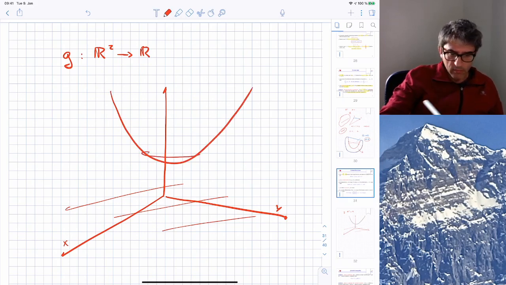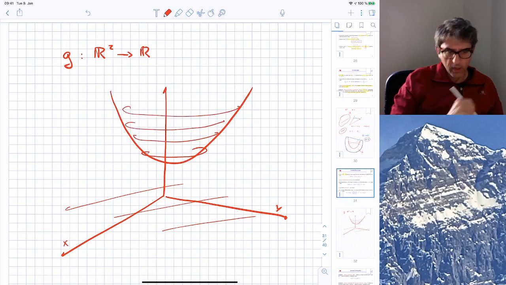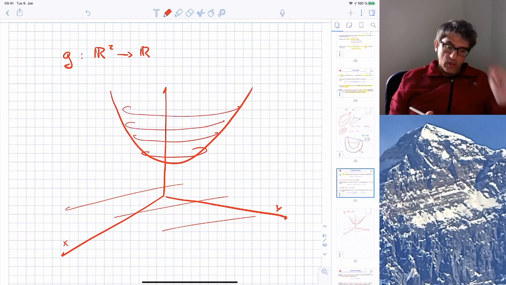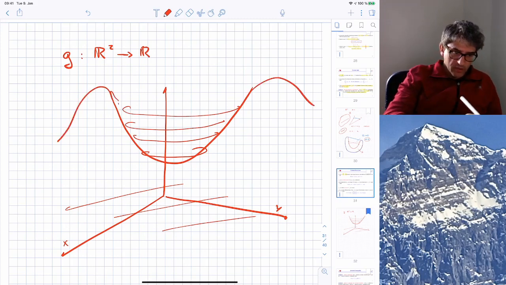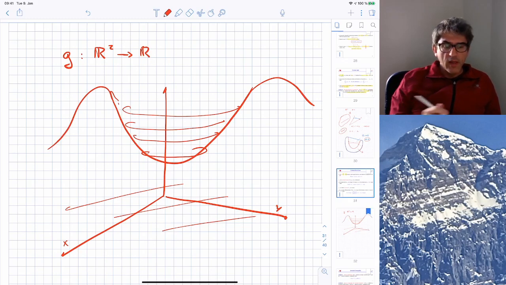Of course, it could be a very strange function that does whatever.